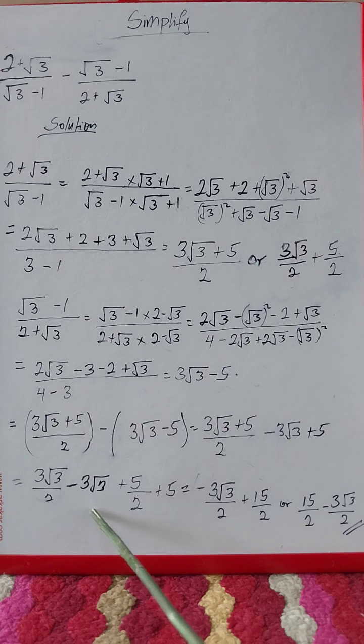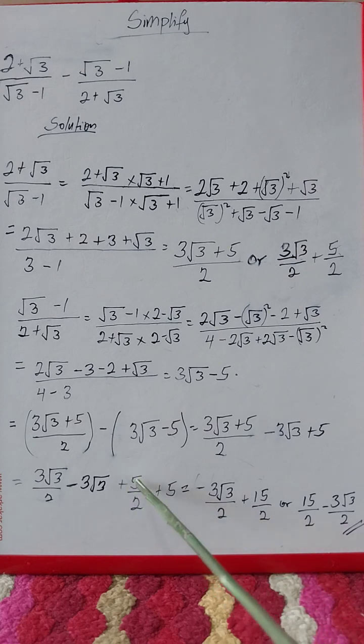Then 5 over 2 plus 5 gives you 15 over 2. So this is your final answer. This can be written in this form: 15 over 2 minus 3 root 3 over 2.